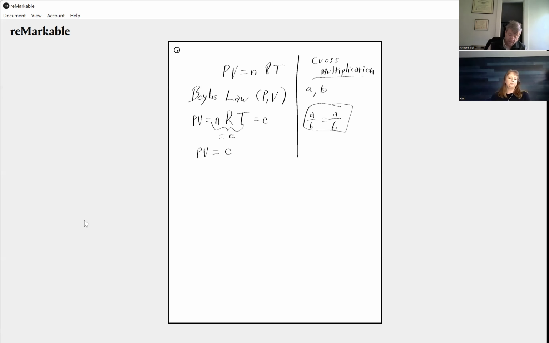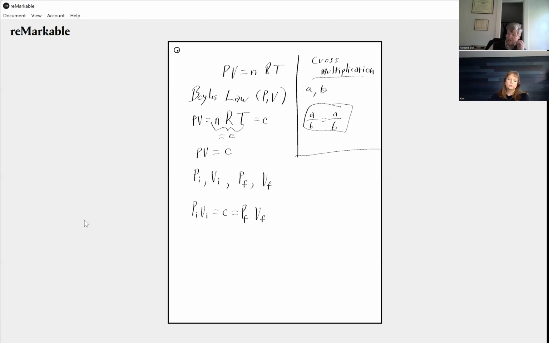So if we have some given set of problems where we have an initial pressure and an initial volume, and we have a final pressure and we're trying to find a final volume, both of them are equal to the same constant.